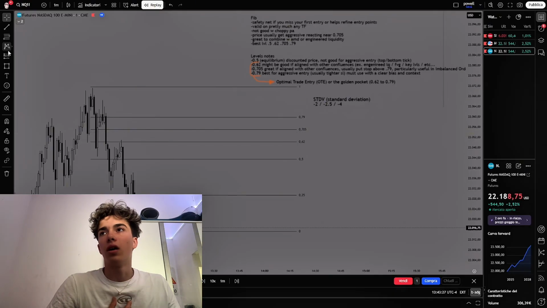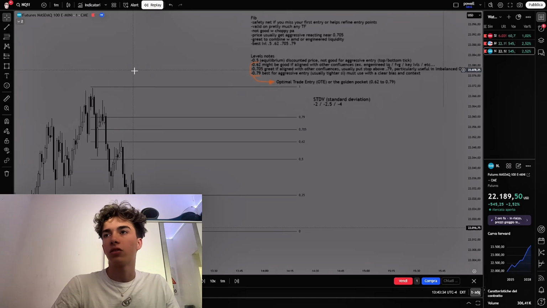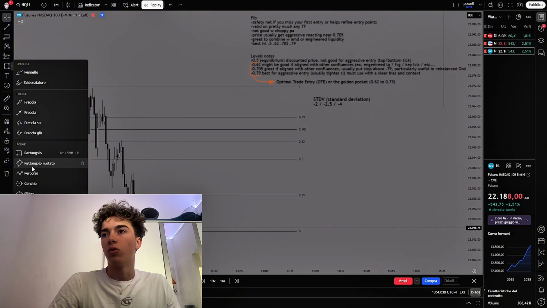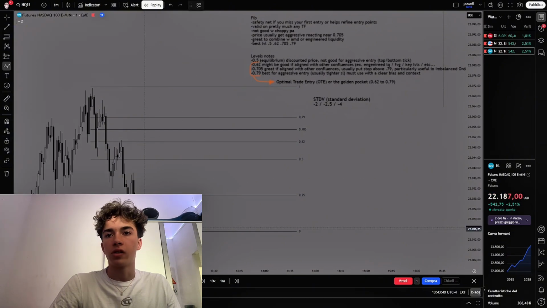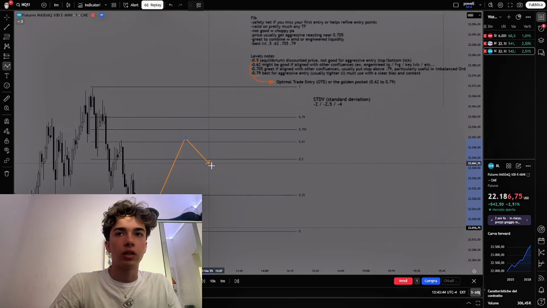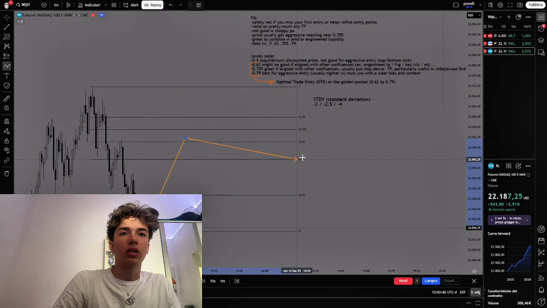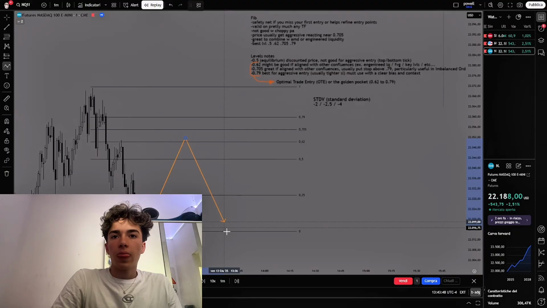So if you have a higher time frame strategy, or a standard ICT strategy, it could be a good way of using it. For example, we can touch like this, we can enter into the equilibrium, which is the 0.5, and then continue the reversal.